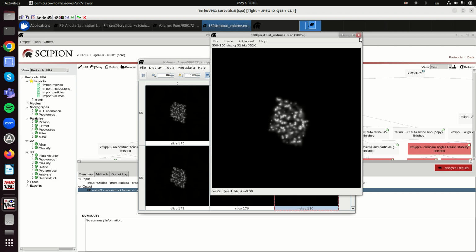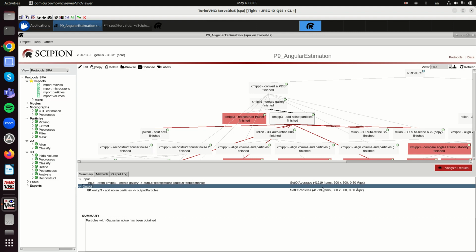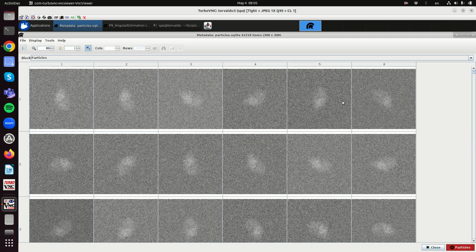Okay, so now let's add noise. When we add noise to the particles, we see the particle in the middle, but we don't see the details. This lack of details will be what prevents the angular assignment from being perfect.